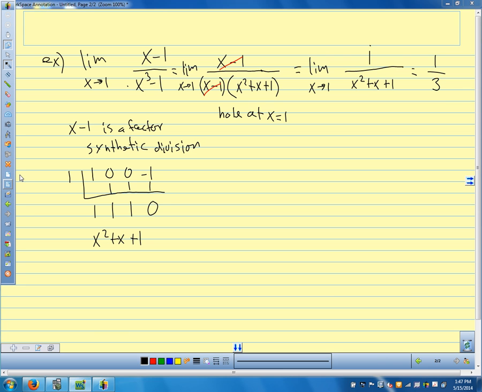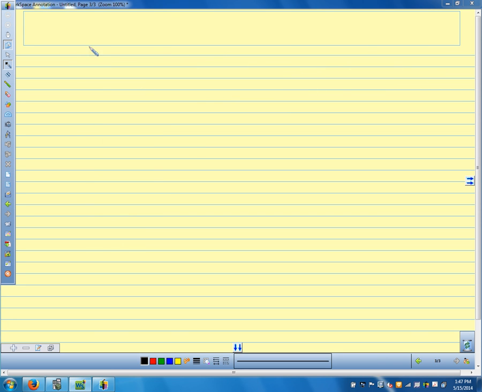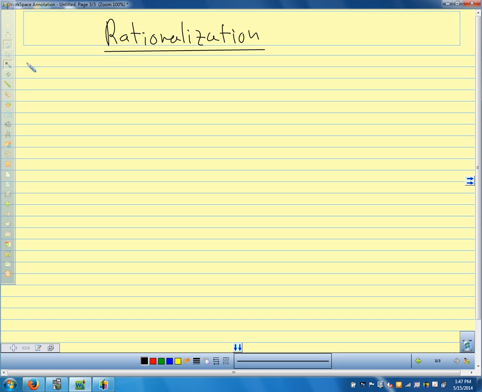Okay, the next technique is called rationalization. It's very much like rationalizing a denominator, like we did when we were working with complex numbers and dividing by a complex number. We multiplied the numerator and denominator by the conjugate. Same idea.